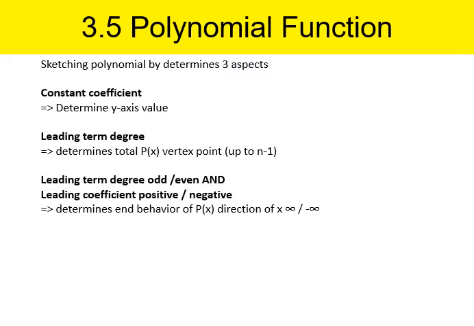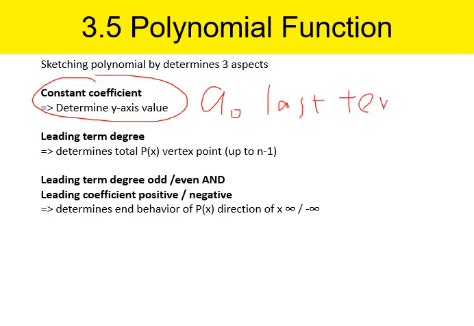The first one, the easiest one, is defining the y-axis value. That's using the constant coefficient. The constant coefficient, remember, is a0, the last term. Only a value, a number. At least we can pinpoint where this graph will go through.